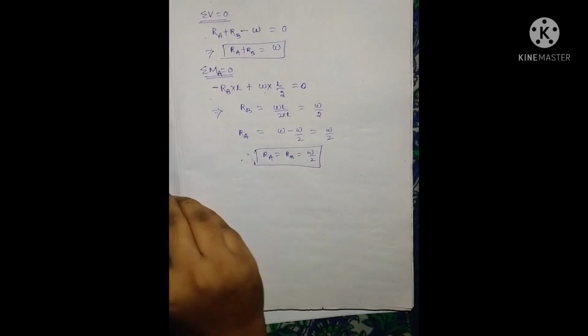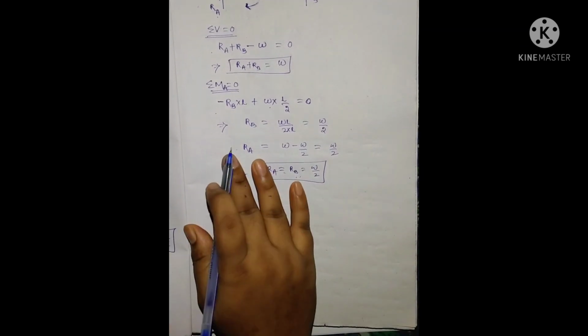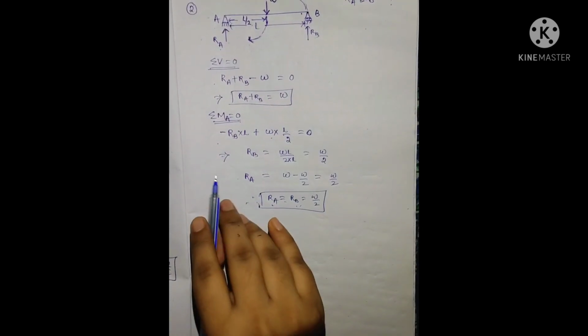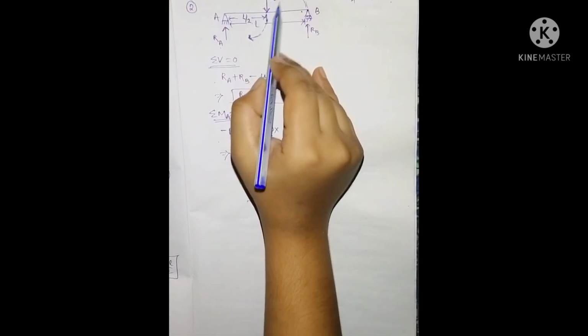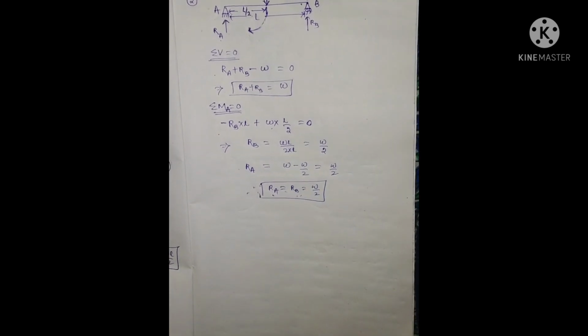One more thing: here RA will be equal to RB. Why? Because our beam is symmetrically loaded. What is symmetrical loading?